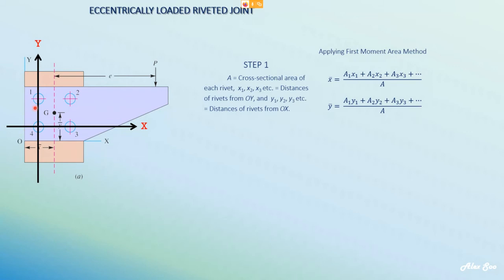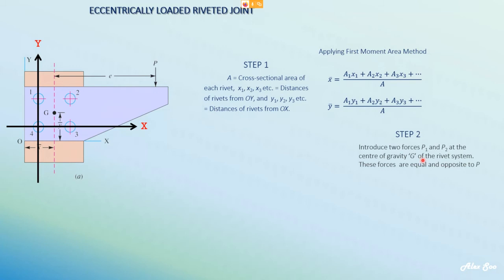So X bar, you can straight away just take this distance here. And then Y bar, just this distance straight away. You don't have to apply the first moment of area method if the rivets are symmetrical like that. That is step 1.